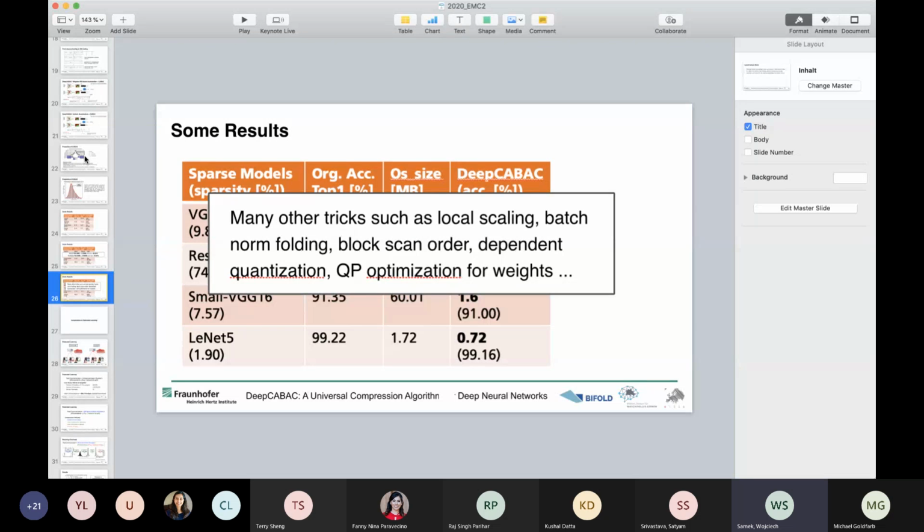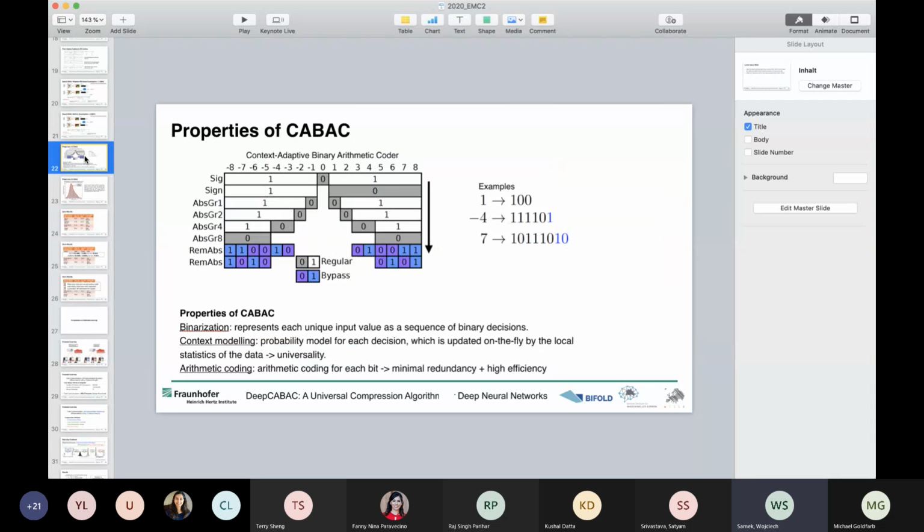Yeah, so this was one part of the talk. Maybe just to mention, this CABAC, which we use for encoding neural network weights, is not the same one which is used for encoding videos. The principles are of course the same, but for example, the decisions and the way it works we have adapted to the distributions which usually occur when dealing with quantized neural networks.